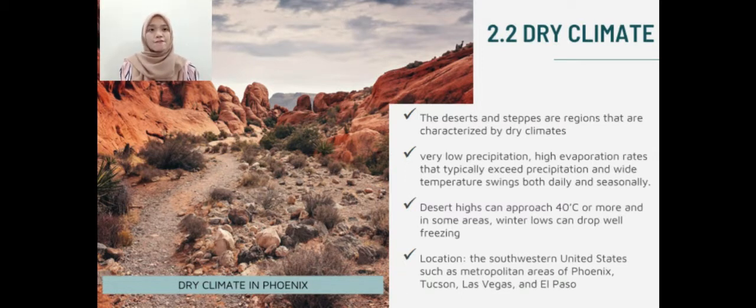Dry climates are found throughout the globe, from the west of North America to the southwest of the United States, such as the metropolitan areas of Las Vegas, El Paso, and others. By the way, these climates tend to have hot summers, cold nights, and moderate winters.